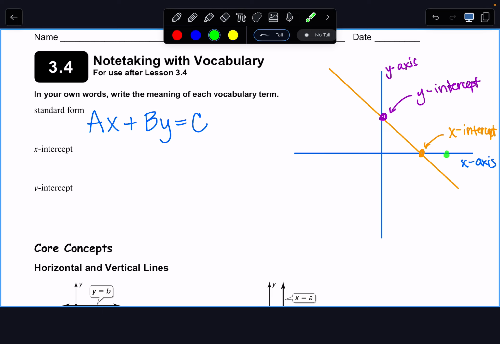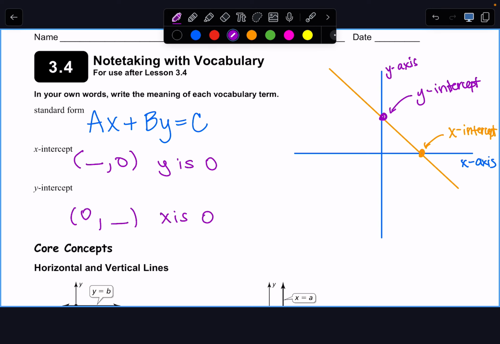The y is 0. Okay. What about any of these coordinates? What do they have in common? The x is 0 and y is some number. All right, just want to lay some groundwork here.